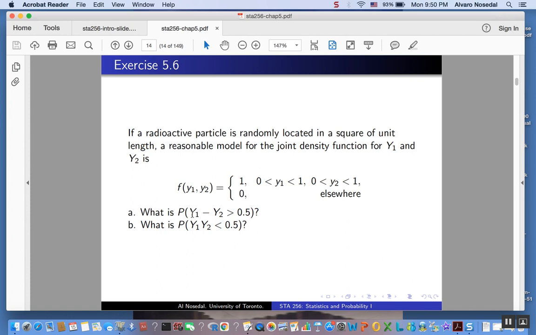We want the probability of these two events: the probability that y1 minus y2 is greater than 0.5, and the probability that the product between y1 and y2 is less than 0.5. Now let me show you a graphical representation of the joint probability density function.